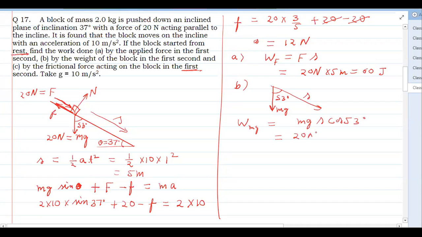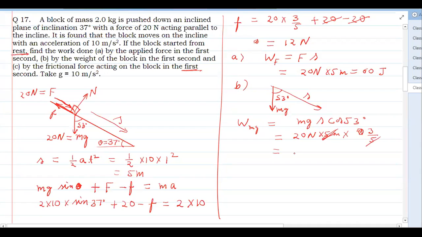Mg is 20, s is 5, and cos 53 is 3 by 5. So the 5 cancels, and we have 60 joule.